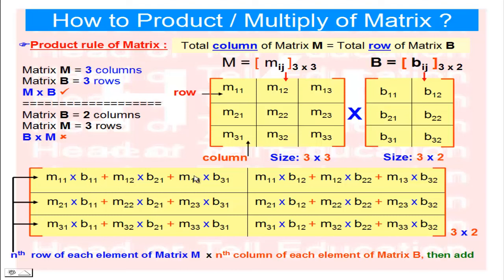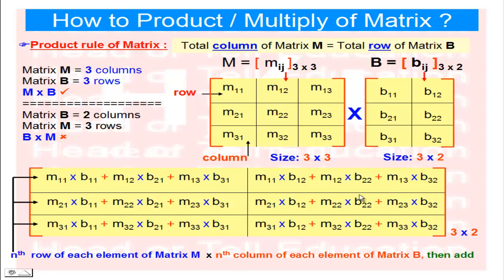Now if we want the second column, one more example for this. To get the second column, we use the first row again, but this time with the second column. So M11 is multiplied by B12, then add M12 multiplied by B22, then again add M13 multiplied by B32.